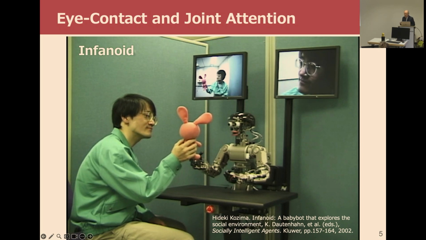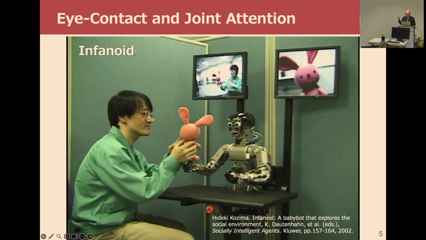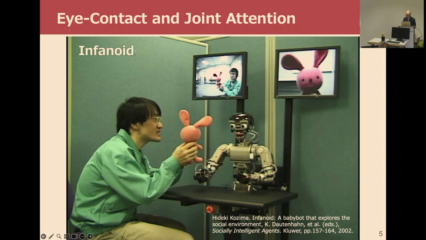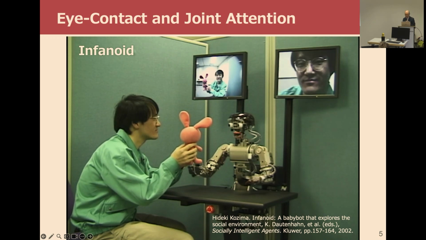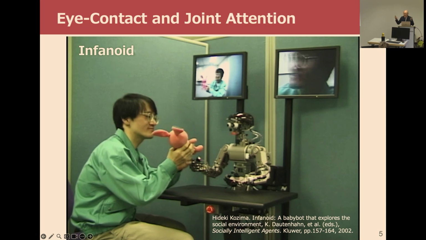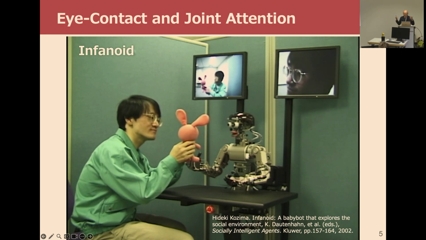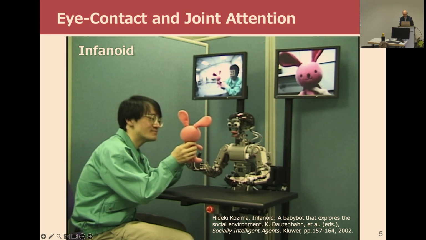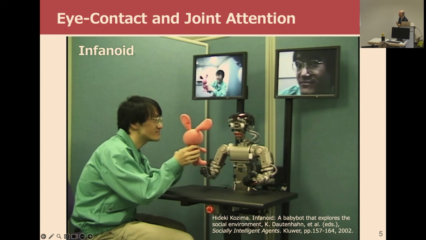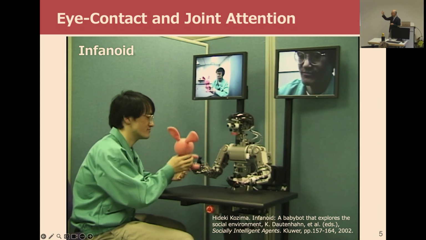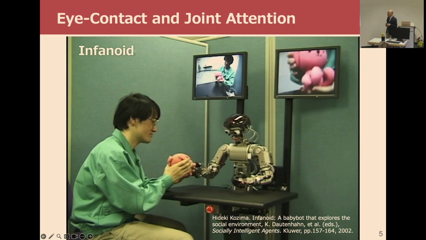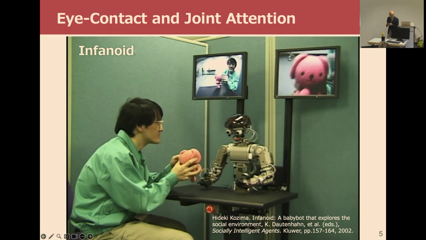Infanoid automatically makes eye contact with people, estimates the direction of people's heads, and performs joint attention. And as you see, Infanoid is also performing voice mimicking.